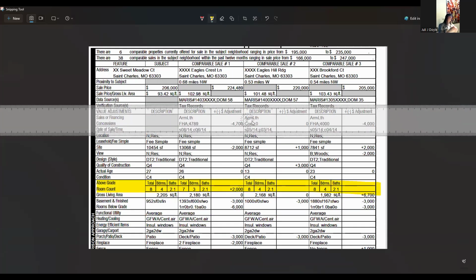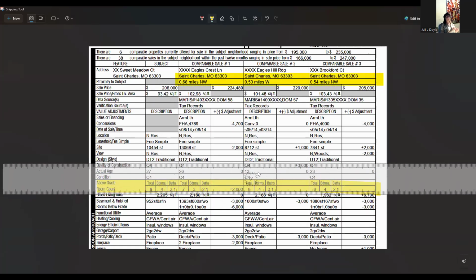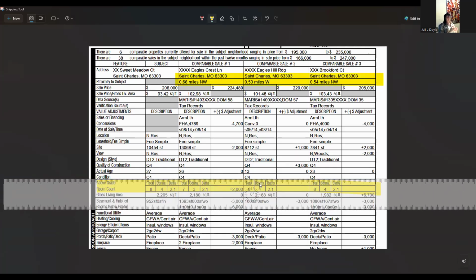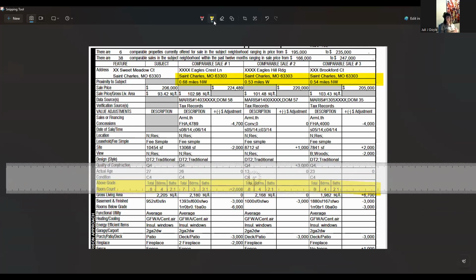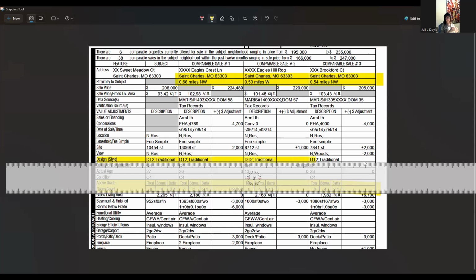They need to be in the same neighborhood. I lost my mouse. And the condition, they're all C4. They're all in the same condition. If you're too far out, if you're in like a city or urban area, you can't really count on design.